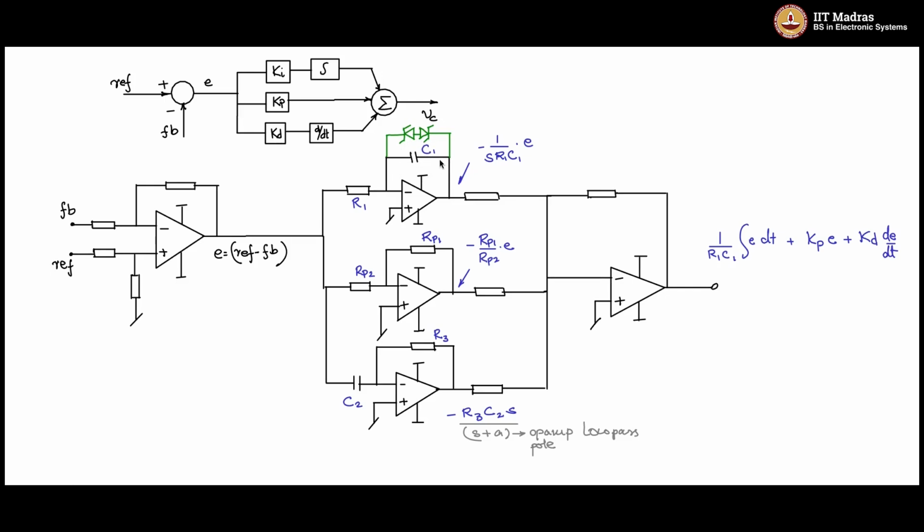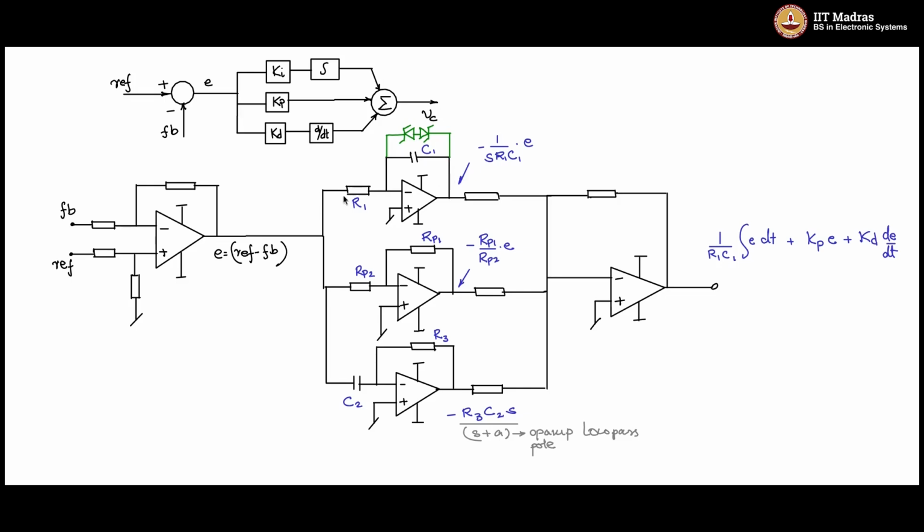Capacitor C1 is the integration element. This is the memory storage element. And the moment the capacitor value hits whatever the Zener breakdown voltage plus 1 diode drop, it will clamp to that value. It will not integrate any further. That is where the wind-up action is stopped.